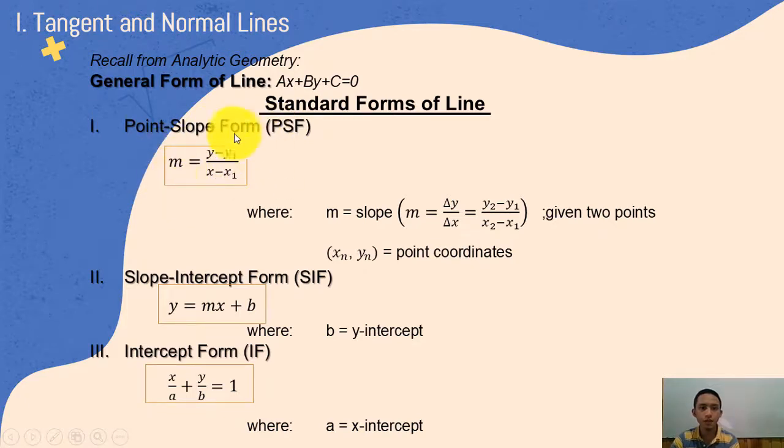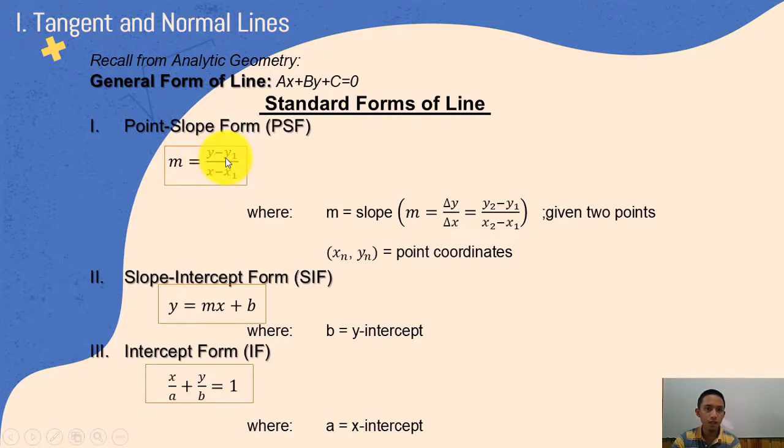This is the form of the equation of the line: m equals y minus y1 all over x minus x1. If you recall, that is coming from your delta y over delta x, isn't it? In the previous slide that I showed you a while ago, delta y over delta x is the change in y over the change in x.